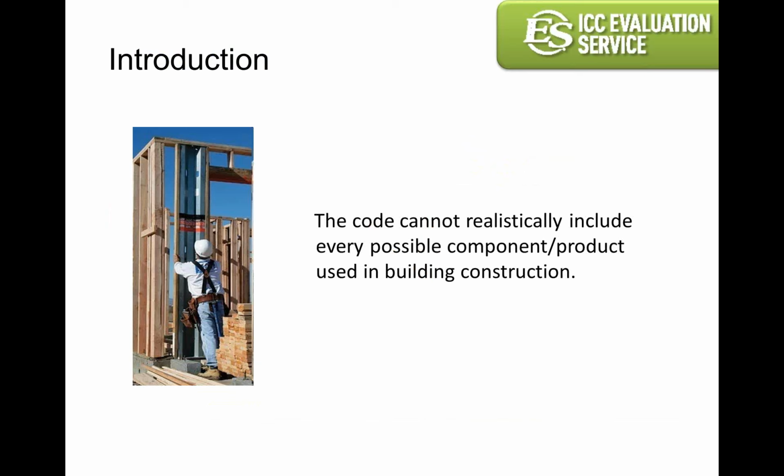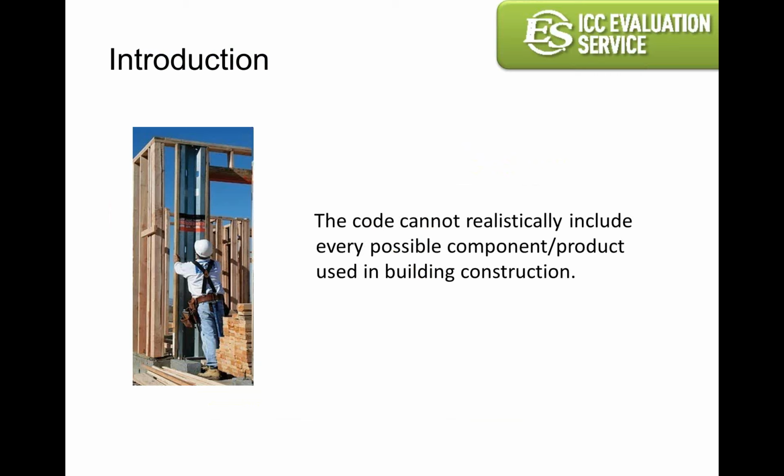And with all these new innovative products, the codes are large enough as it is. I think the building code in itself is probably 800 pages long now, and the residential code as well. So just between those two, we're talking well over 1,000 pages, and that's not counting plumbing codes and mechanical codes and everything else.